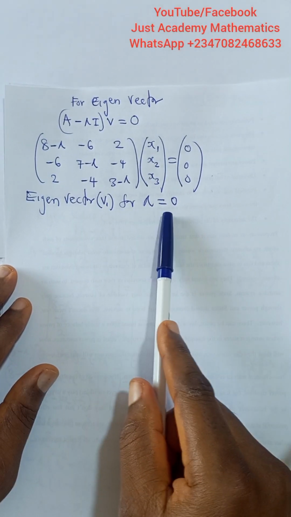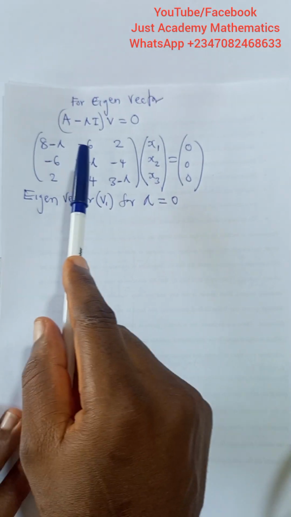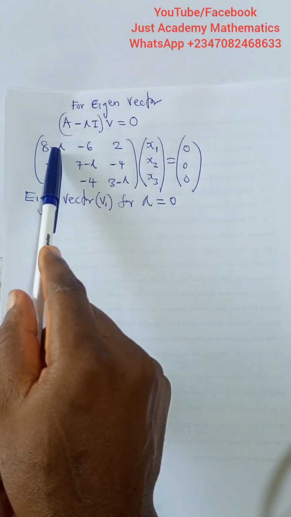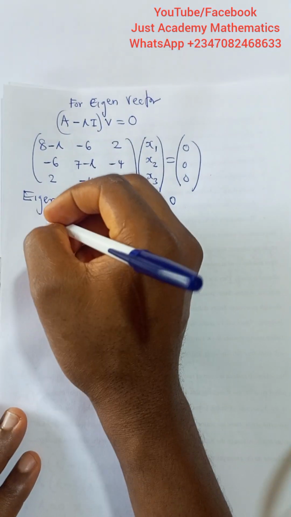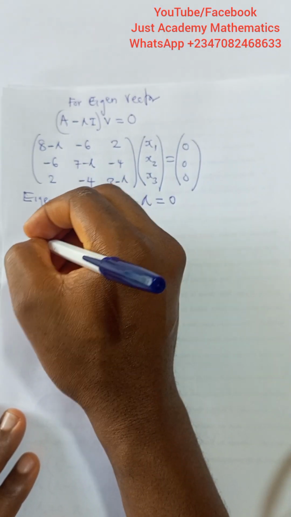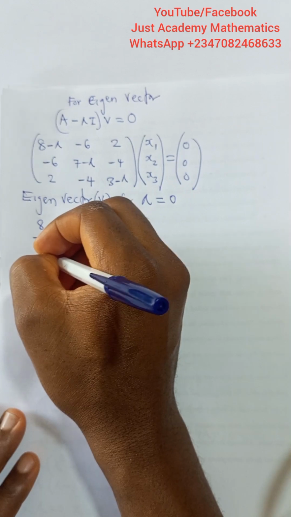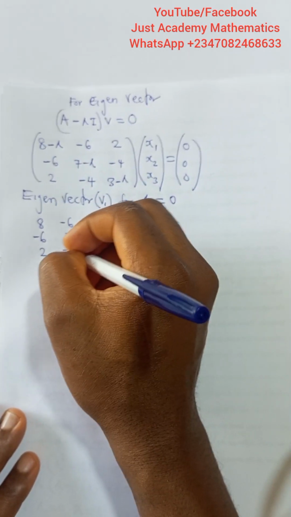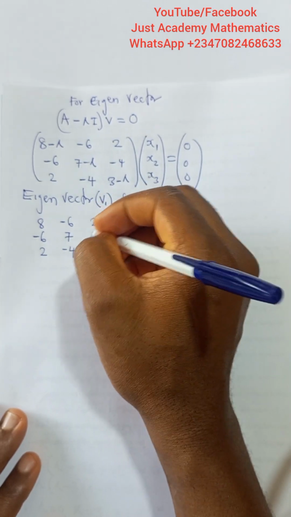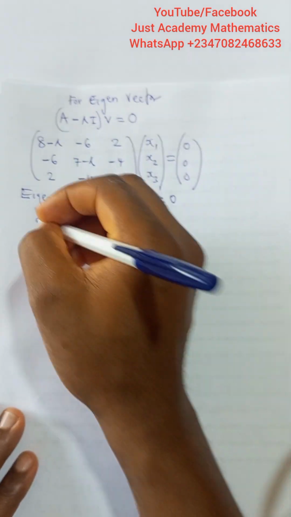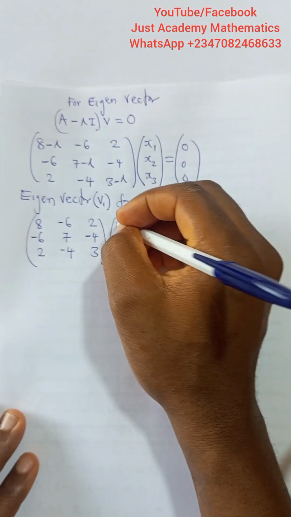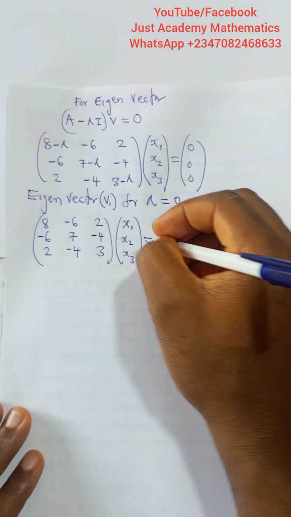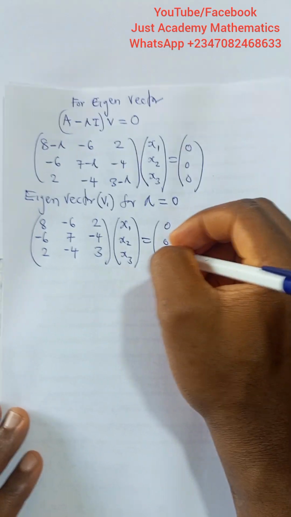That means we're looking for the vector when this lambda is equal to 0. So anywhere you see lambda, you put 0. You will get 8, minus 6, 2; minus 6, 7, minus 4; 2, minus 4, 3 times x1, x2, x3 is equal to 0, 0, 0.